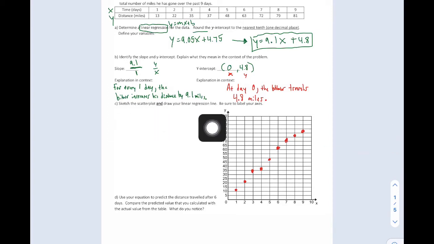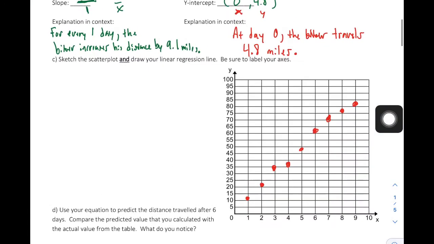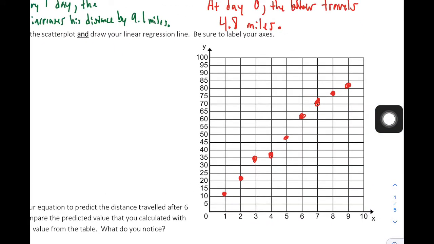So notice it says sketch the scatter plot, which we just did, and draw your linear regression line. Be sure to label your axes. So for right now, for this unit, guys, I want you to draw your line as best as you can where you think it fits the data. So do your best to just draw the line where we can see that it's kind of in the middle of all the data.